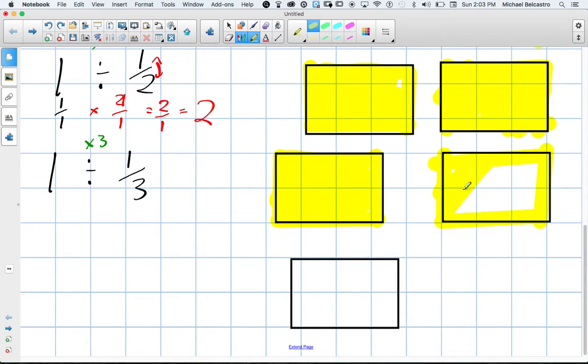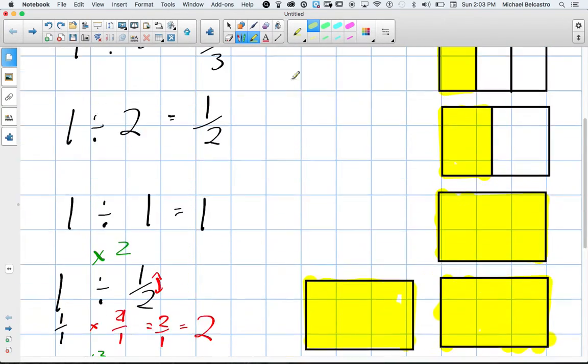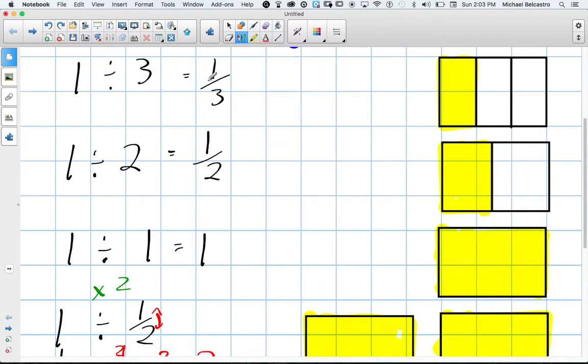When we divide by a third, it's the same idea as multiplying by the invert of that. That follows our pattern, and hopefully it makes sense. We needed this answer to be a third of our final answer. What we started with was that whole rectangle, and we got a third of it here. When we divided by 2, we needed our answer to be a half of our original whole, so that makes sense.